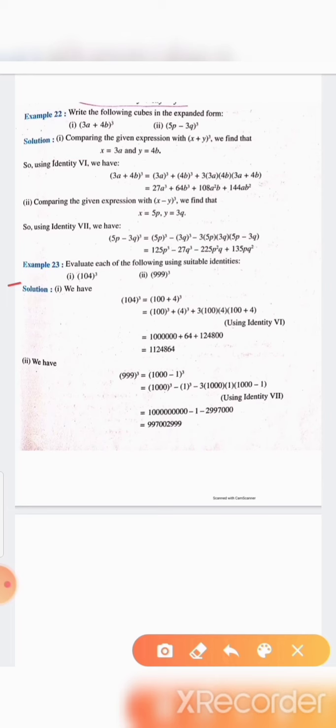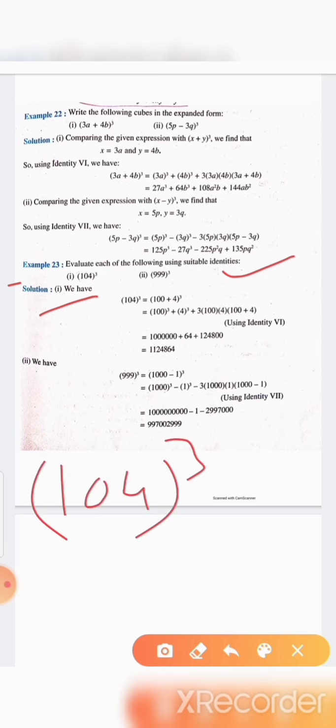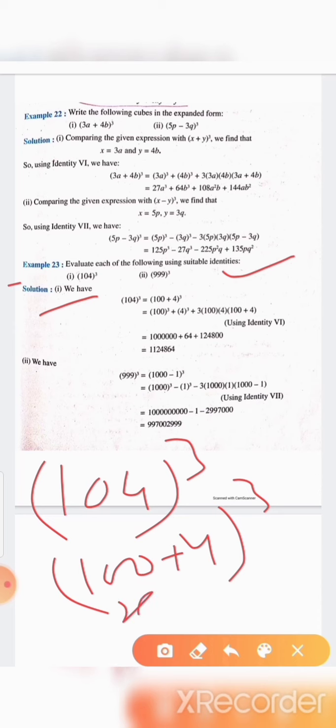Example number 23. Evaluate each of the following using a suitable identity. First question is 104 whole cube. 104 is nearest to 100, so 100 plus 4, and using identity number 6, x is equal to 100 and y is equal to 4, so (x plus y) whole cube.